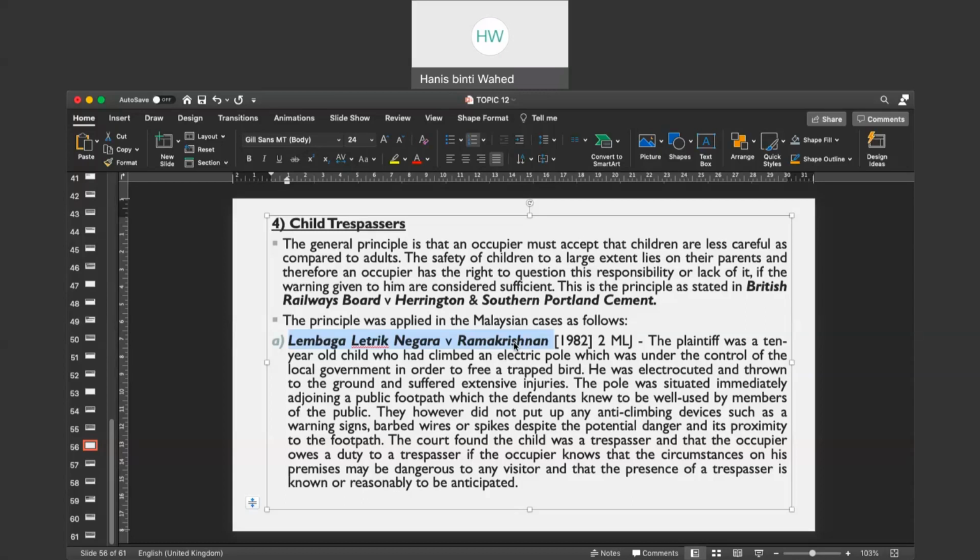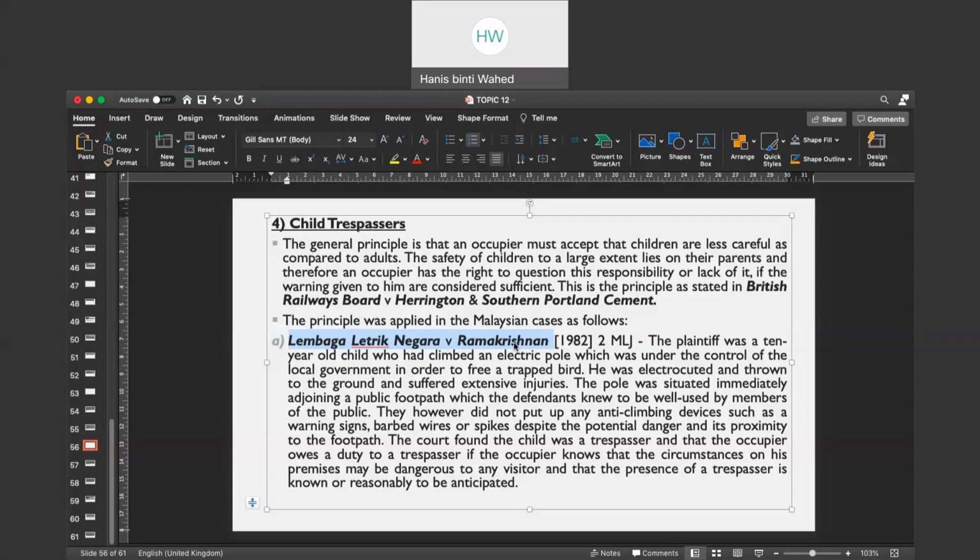Okay, so this case went up to the federal court, and the federal court held that an occupier only owes a duty of care to trespasser if he knows that there is a chance that they might come to the place. Okay, jadi maksudnya based on this case, we can say that the occupier owes a duty if he actually knew the trespasser's presence in that premise or knew that the trespasser might be present.